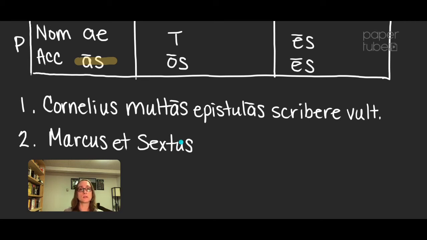So masculine is second declension, accusative plural, and the plural happens to be right up there. It's OS. So we're going to write multos servos. Many slaves, because it's what he's watching.